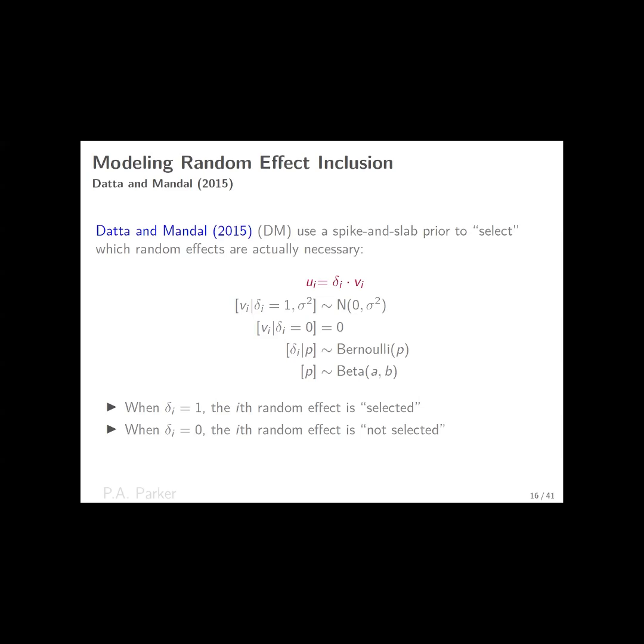So you can think about delta as an indicator of selection. If it's 1, the random effect is selected or included in the model. If it's 0, the random effect's not selected, it's not included. And these deltas vary across areas. And they're modeled as Bernoulli with probability p here. And p is a common probability across all areas here. And then they just put this beta prior on p. So that's the DM model.